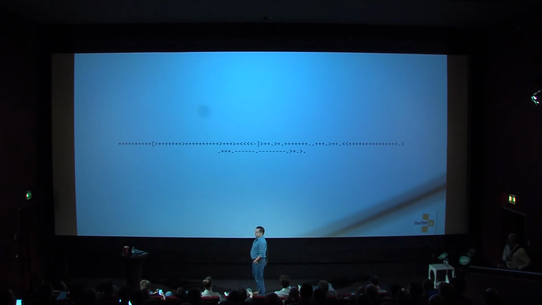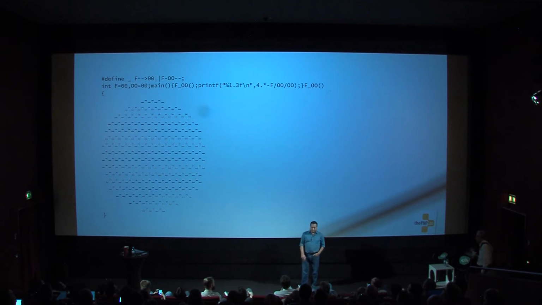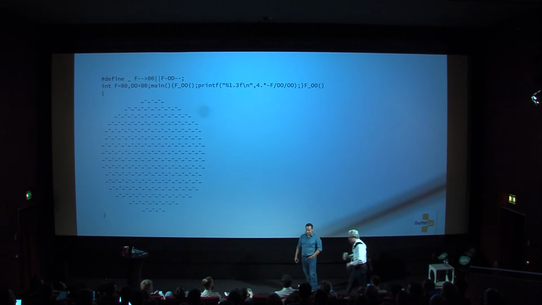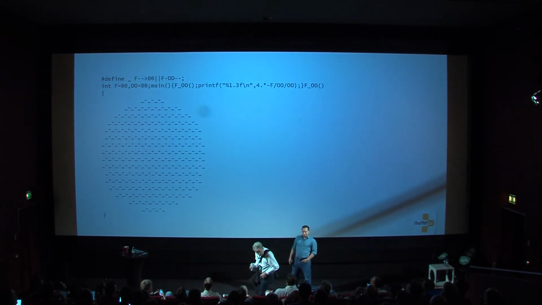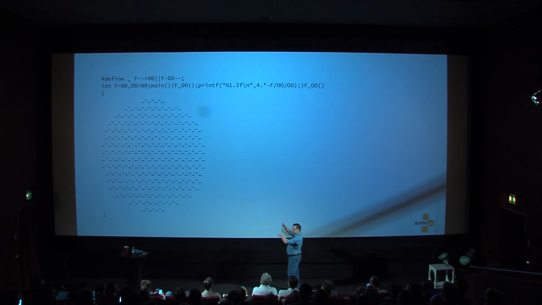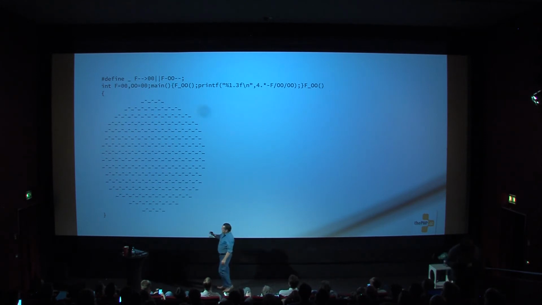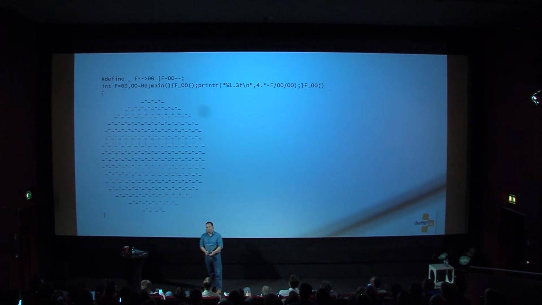Let's look at a serious programming language. This is a valid and allegedly working, I have to admit I haven't tried it, C program that calculates pi. By going through that circle and taking the space and then calculating pi. And you can increase the accuracy by creating a bigger ASCII art circle.